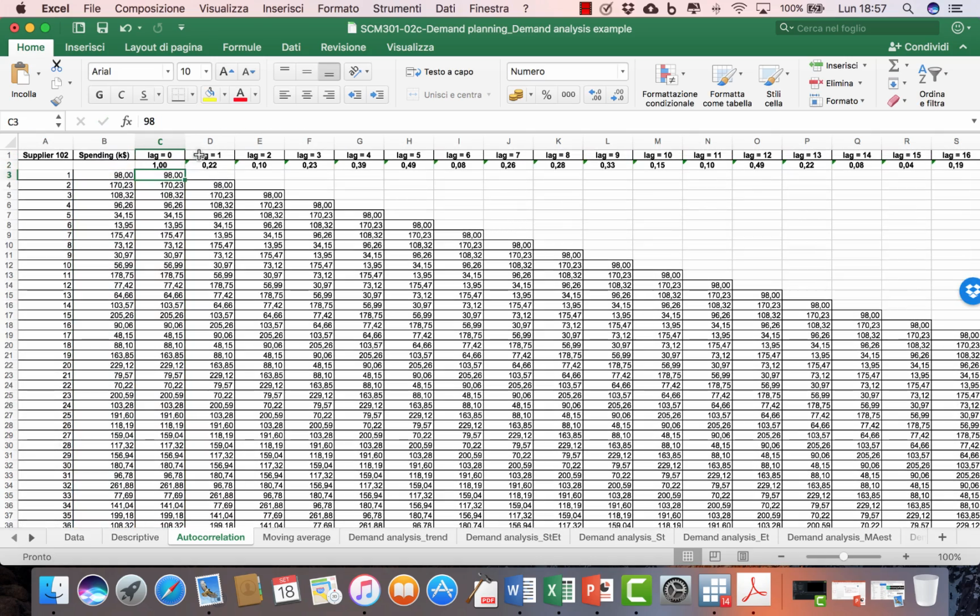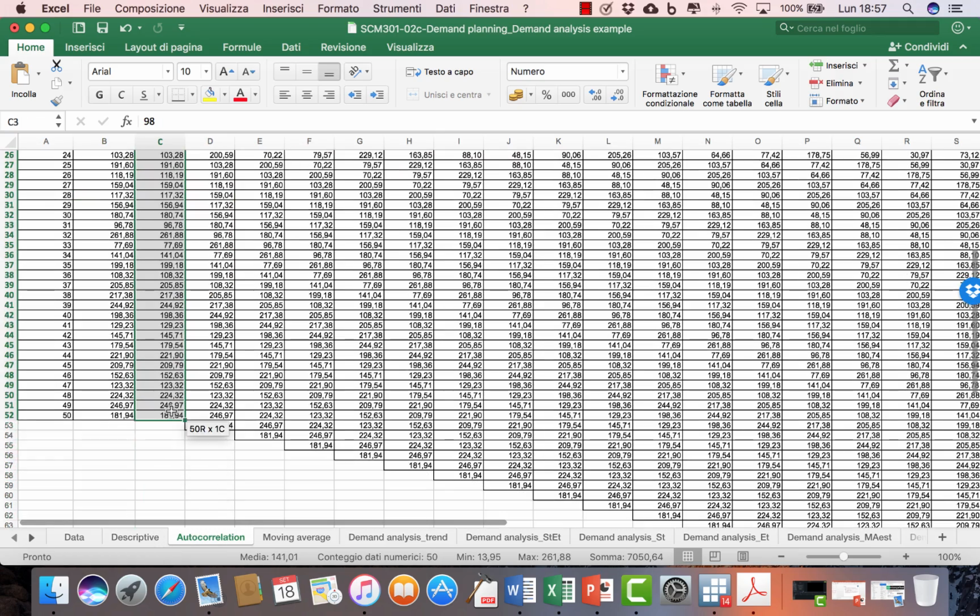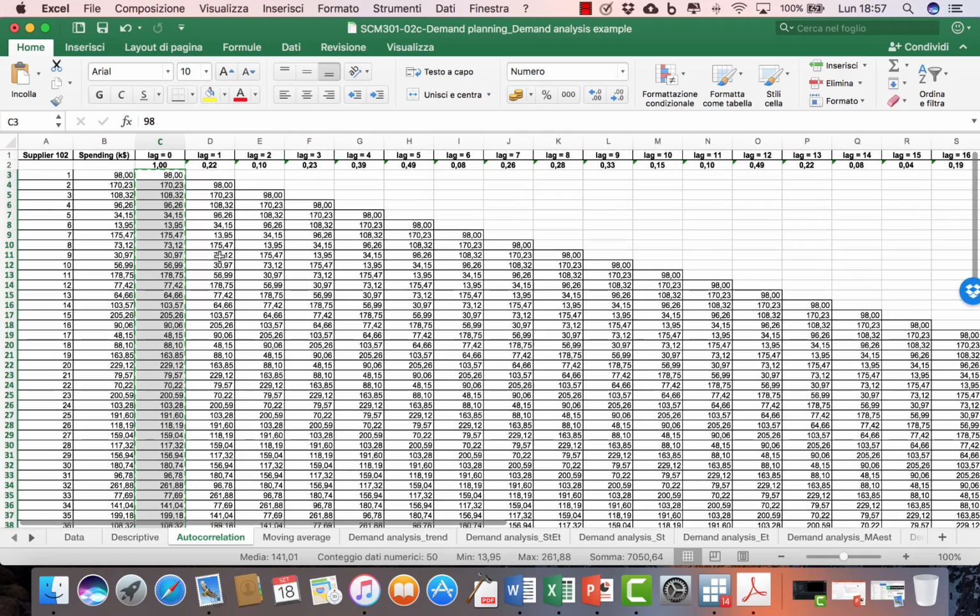If you want to understand the correlation of one lag, so if the second observation is correlated with the first observation, if the third observation is correlated to the second, you just have to copy this and paste, I mean, one step behind.